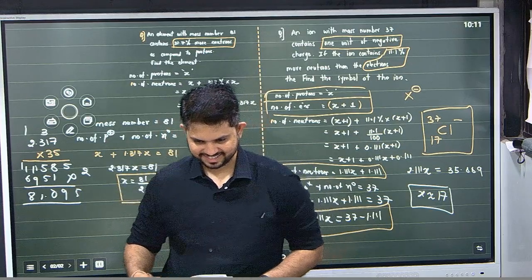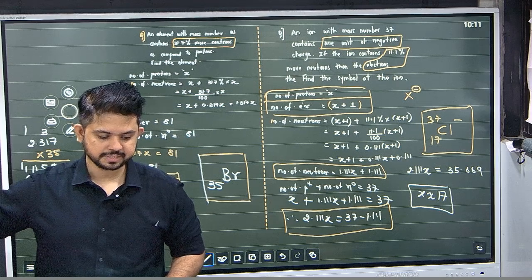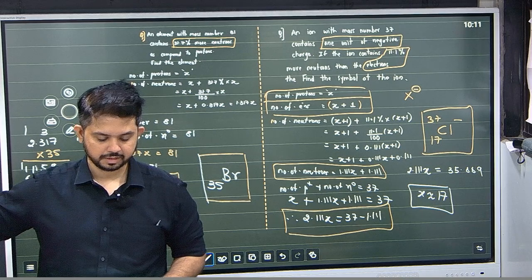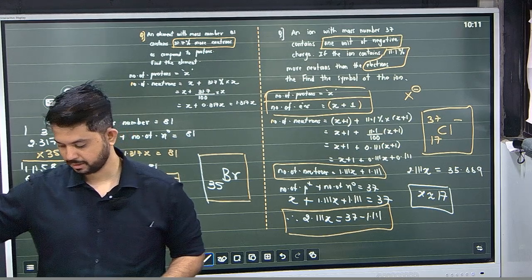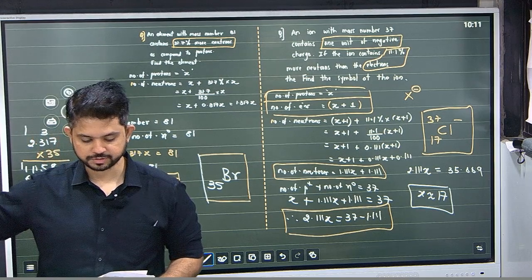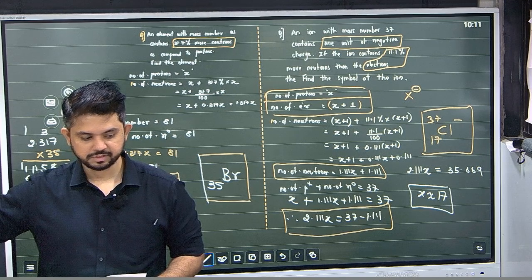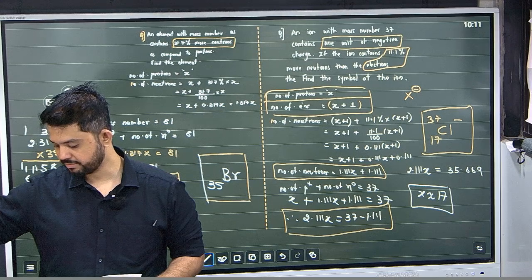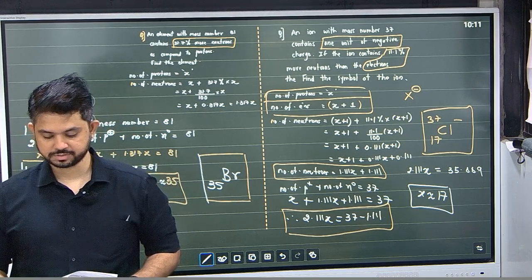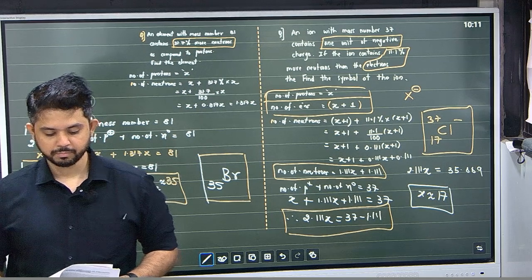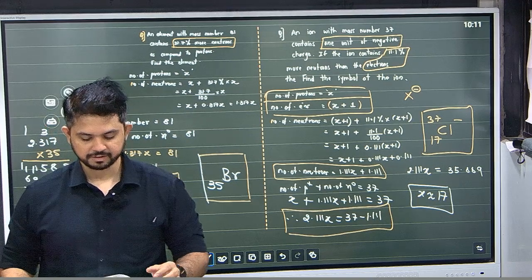An ion with mass number 56 contains 3 units of positive charge and 30.4% more neutrons than electrons. Find the element.